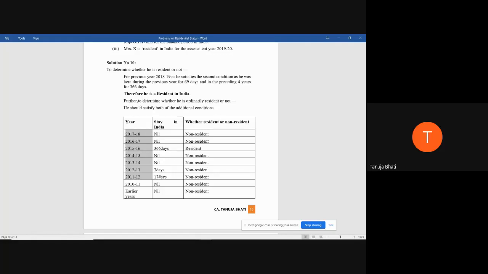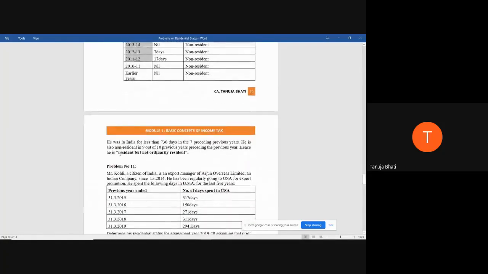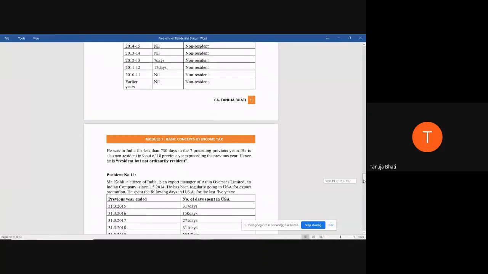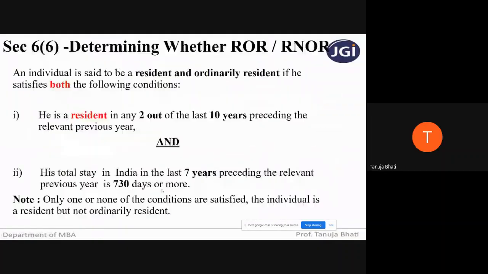Now, when both the additional conditions are not getting fulfilled, whether he'll be ROR or RNOR, he will be RNOR, that is resident but not ordinarily resident. Now, have you understood? Yes, ma'am.